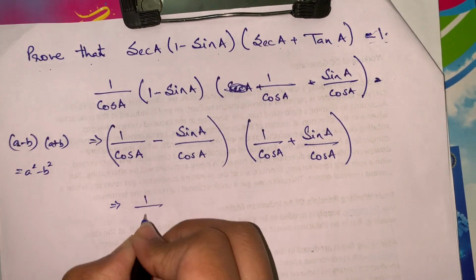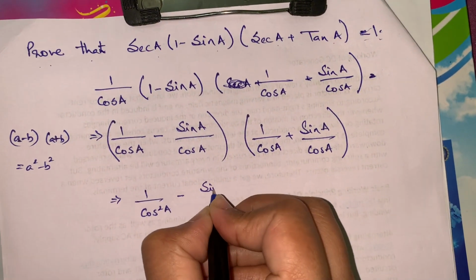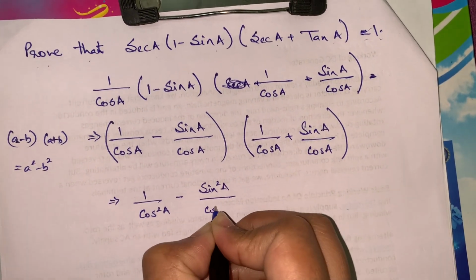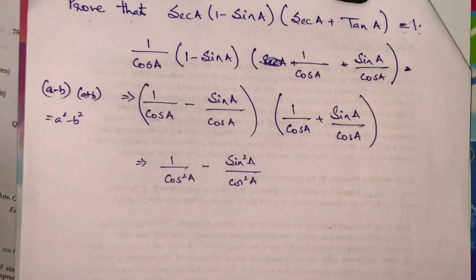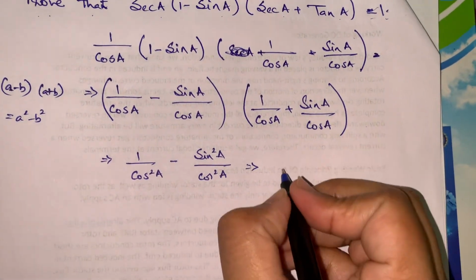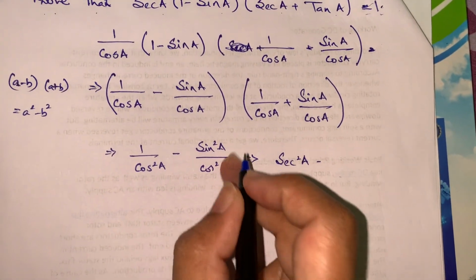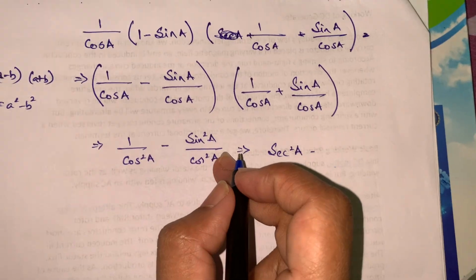So it becomes 1 by cos square A minus sine square A by cos square A. Now I know that 1 by cos square can be written as secant square A. And this sine upon cos is nothing but tan, isn't it?